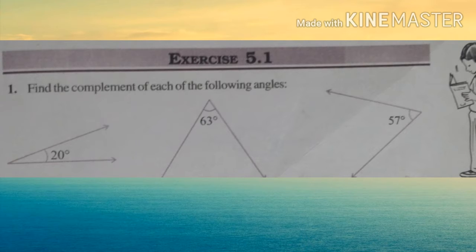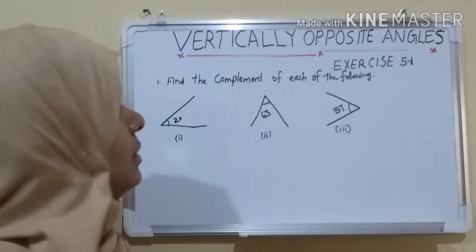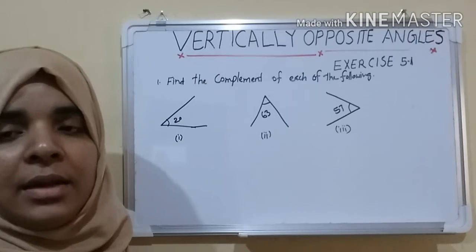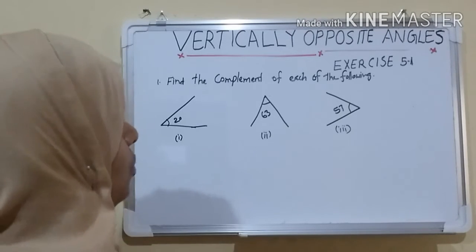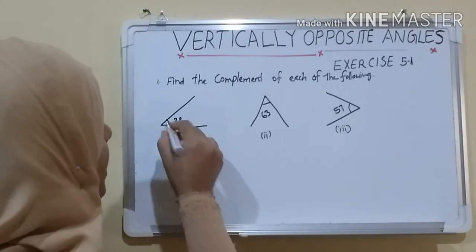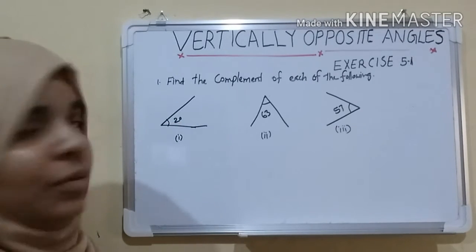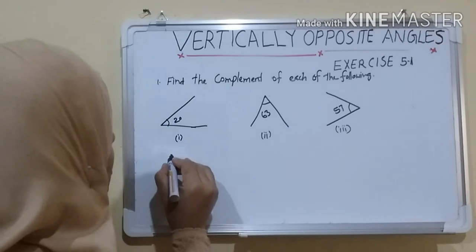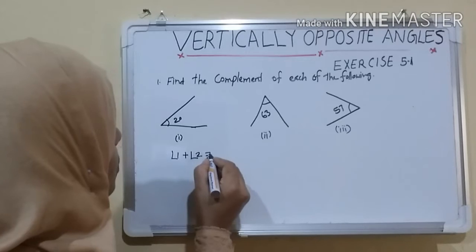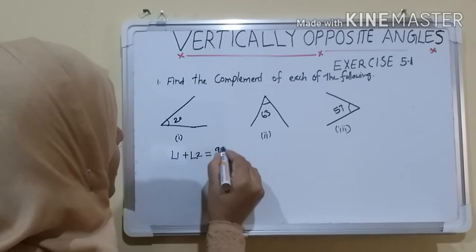Find the complement of each of the following. The complementary angles: when the sum of the measures of two angles is 90 degrees, then those two angles are called complementary angles. Here one given angle is 20 degrees. Then how to find the other angle? We know that angle 1 plus angle 2 equals 90 degrees.